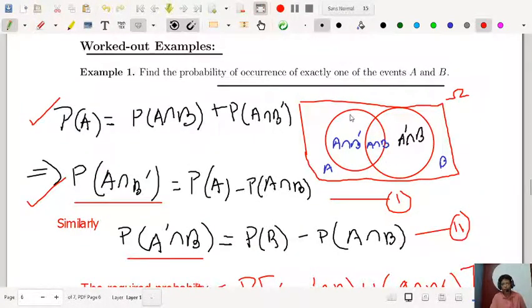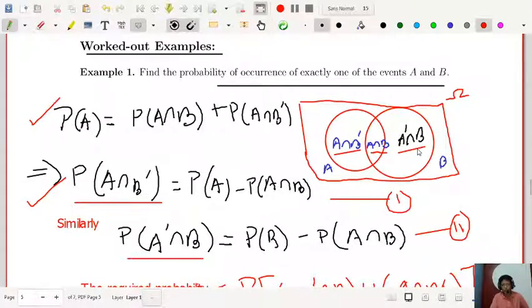So at least one of the events A and B means the union of A and B. Look at that, union consists of A intersection B complement, A intersection B, and A complement intersection B.